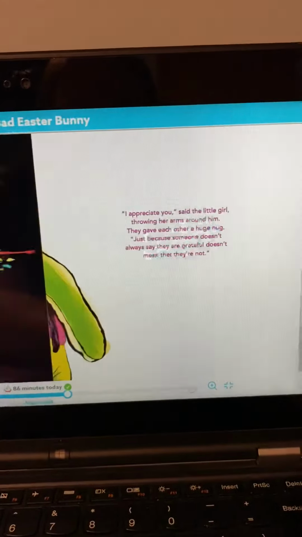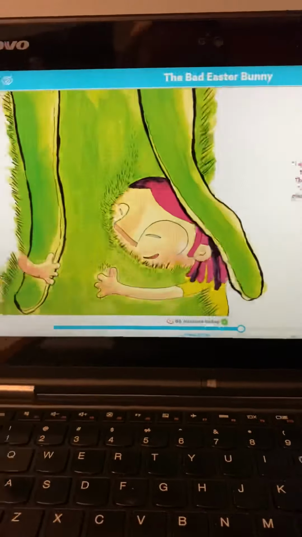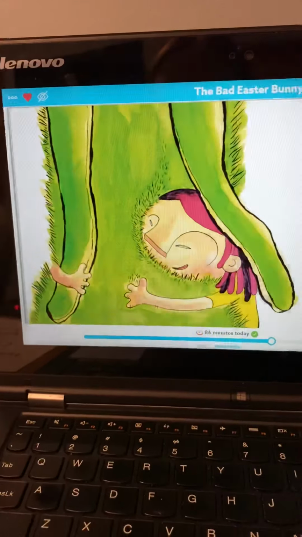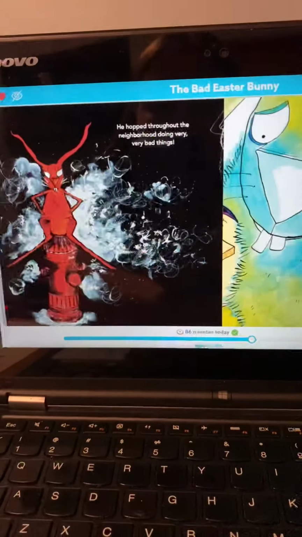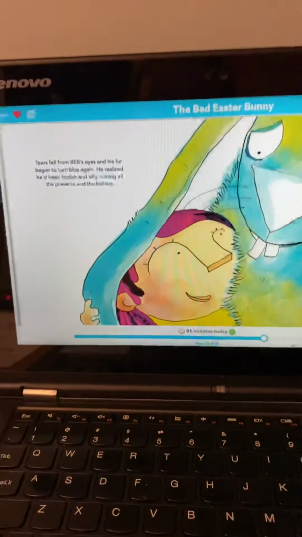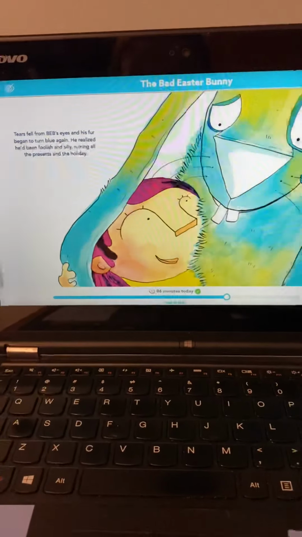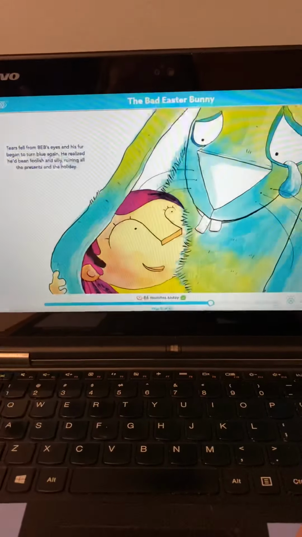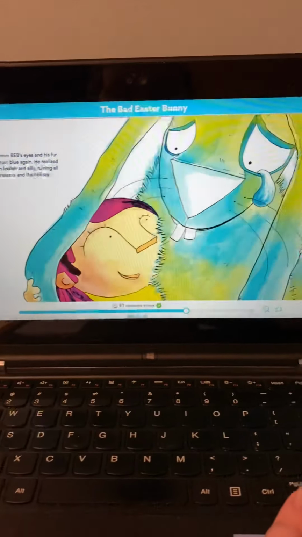"I appreciate you," said the little girl, throwing her arms around him. They gave each other a huge hug. Just because someone doesn't say they are always grateful doesn't mean they are not. Tears fell from B.E.B.'s eyes, and his fur began to turn blue again. He realized he'd been foolish and silly, ruining the presents and the holiday.